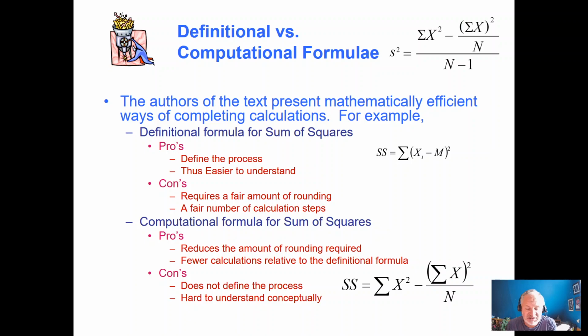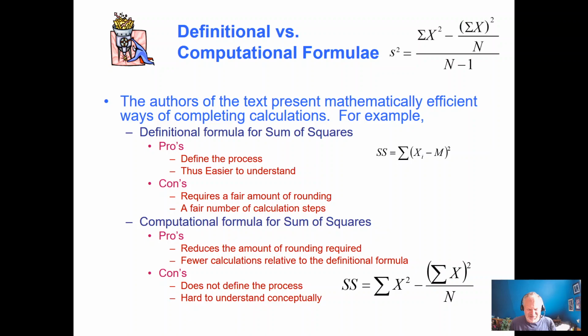Cons: there are some rounding errors you sometimes have to deal with, and it's a little trickier in terms of calculation. Whereas with the computational formula, you're just summing up squared values and taking the total sum and squaring it. It's easy to calculate and reduces rounding errors, but it doesn't really tell you what's going on. So I always stick with the definitional formula.